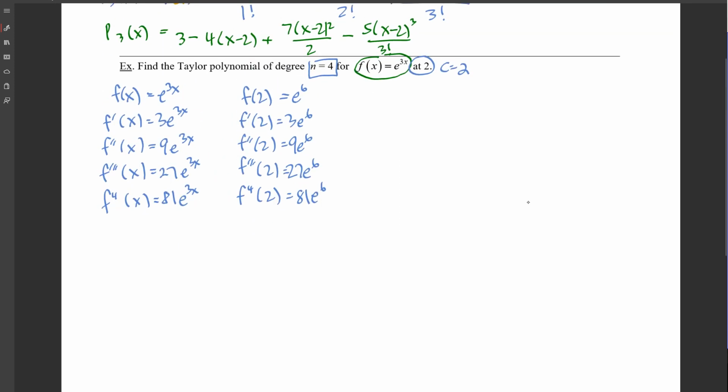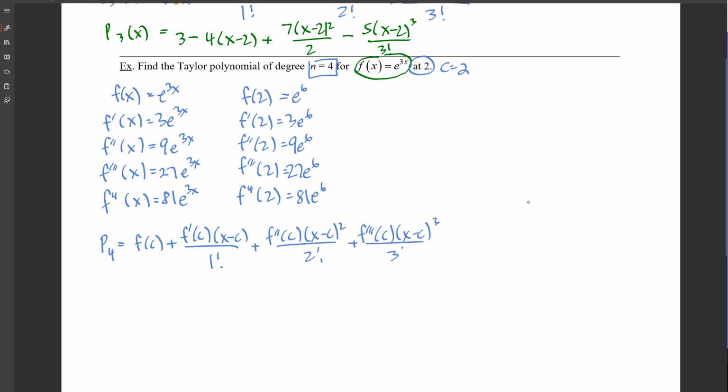The polynomial to the fourth degree is equal to f at c plus f prime at c, x minus c raised to the 1 power over 1 factorial, plus f double prime of c, x minus c squared over 2 factorial, plus f triple prime c, x minus c to the third power over 3 factorial, plus f the fourth derivative at c, x minus c to the fourth power over 4 factorial, and I can stop there for a degree of n equals 4.